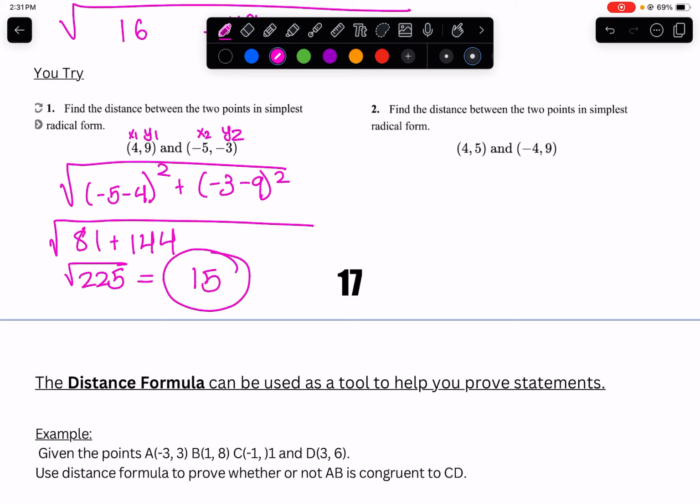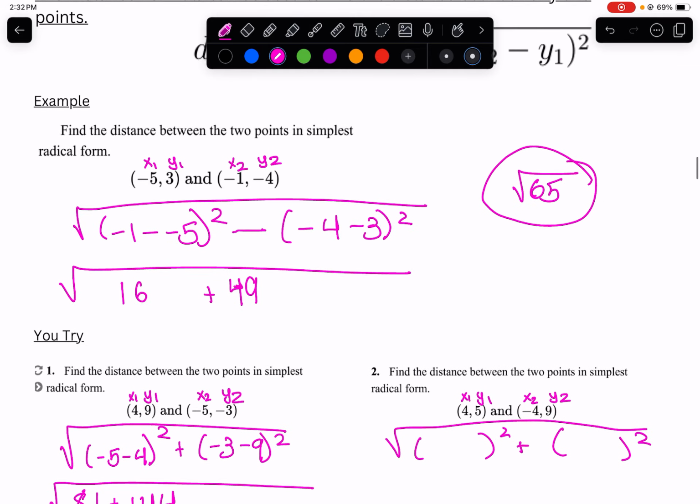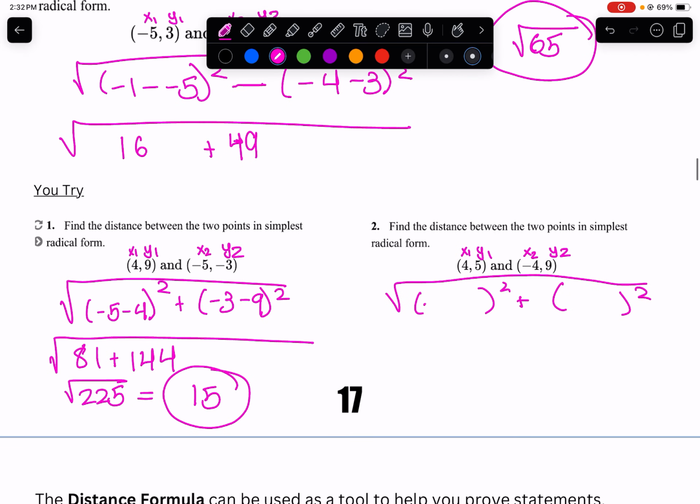So those are distance. So now again, x1, y1, x2, y2. So we're doing x2 is -4 minus 4, 9 minus 5.